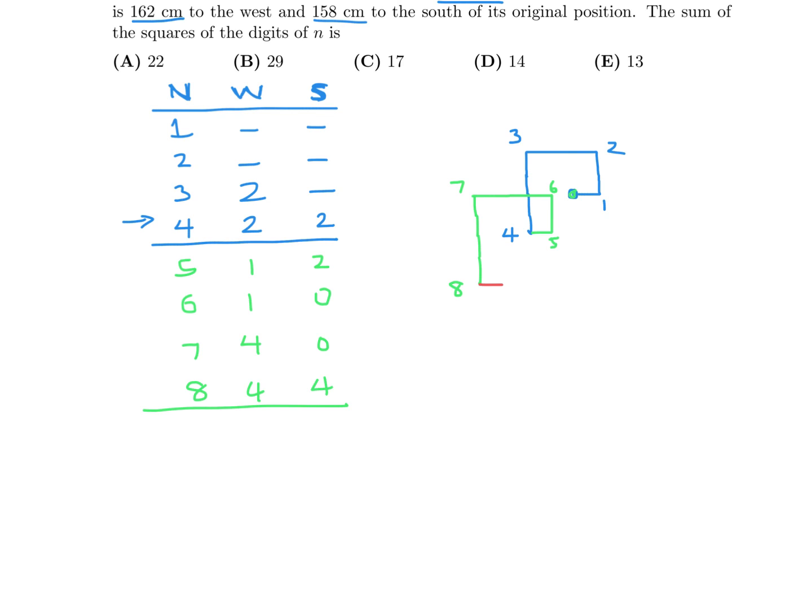So 1, 2, 3, and 4, like that. Now let's see here. 9, 10, 11, and 12. By now I think you understand what I'm doing, so I'll just fill them in: 3 and 4, 3 and 2, 6 and 2, and 6 and 6.